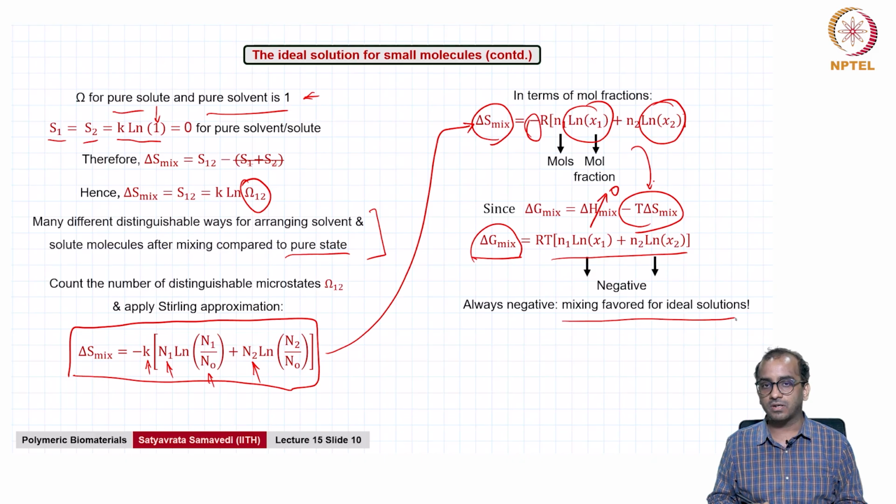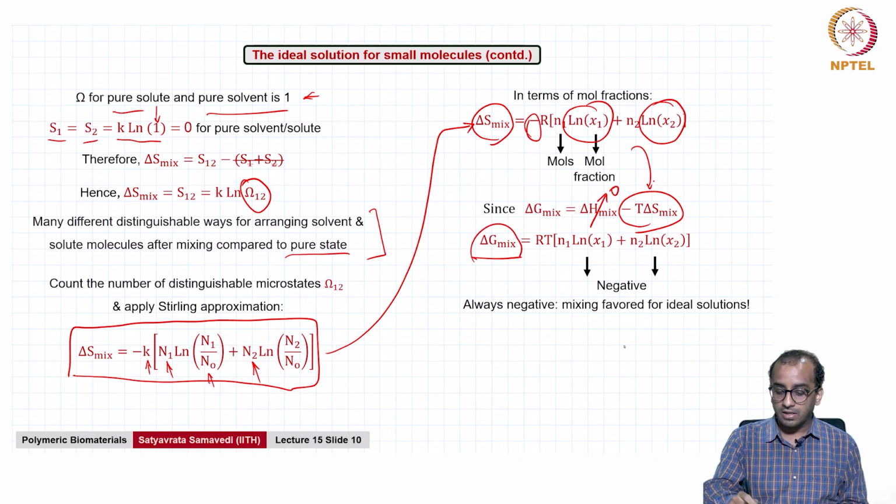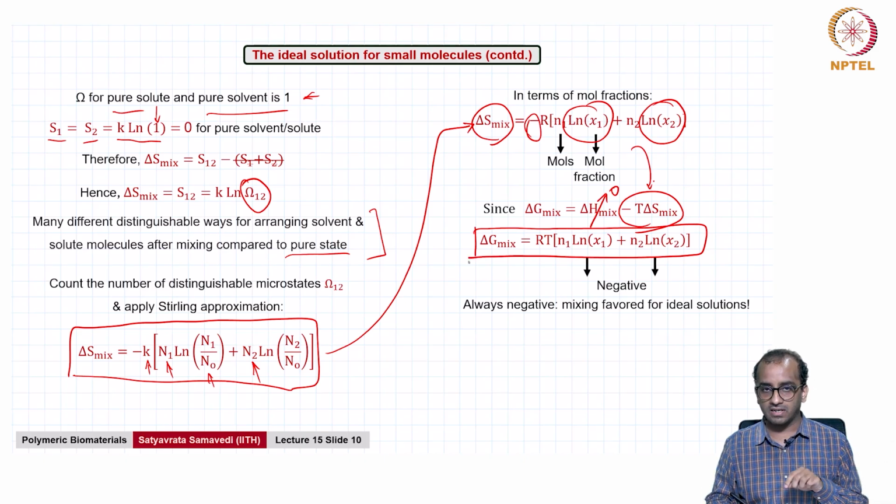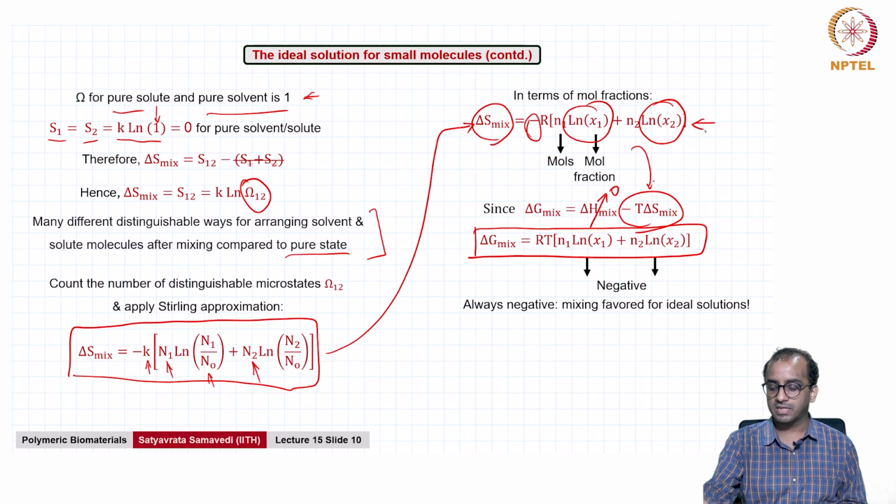That is a very important result that we will note here. Remember that this expression holds true for ideal mixing of small molecules where delta V is 0, delta H is 0, and delta S is given by this expression.